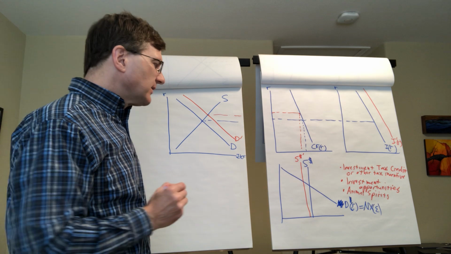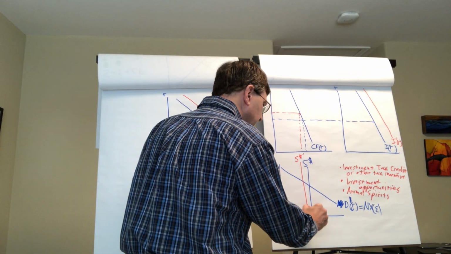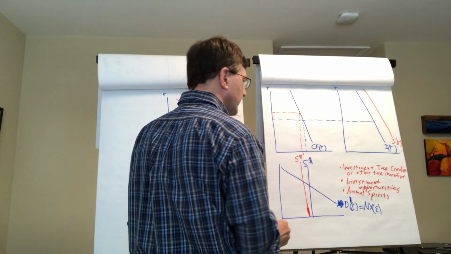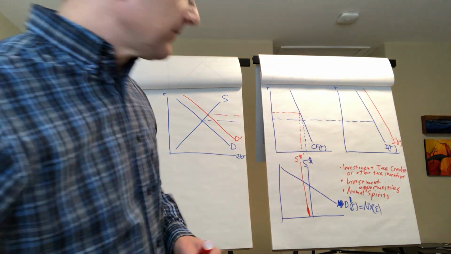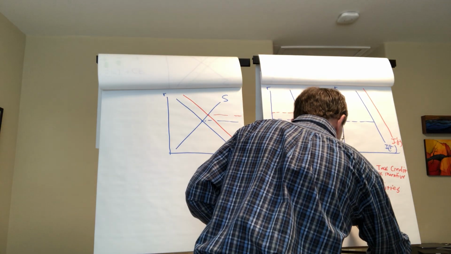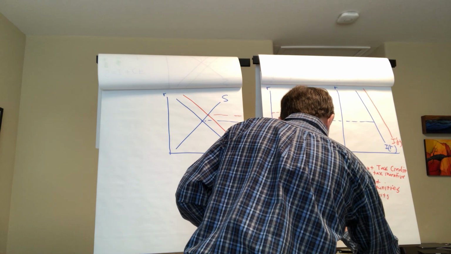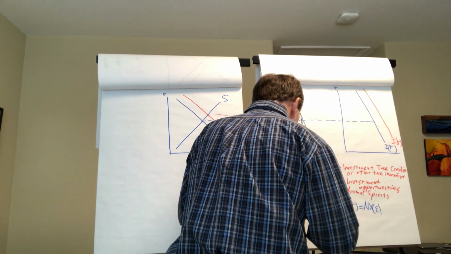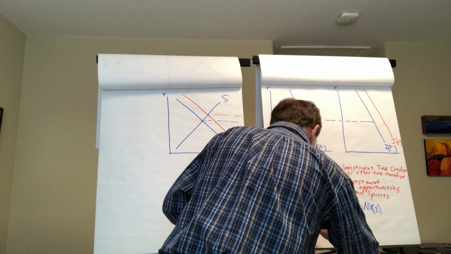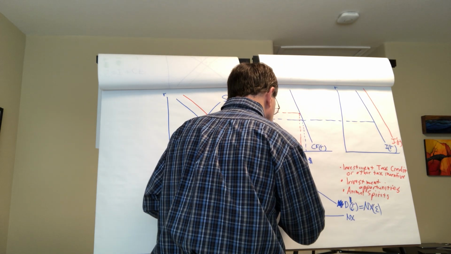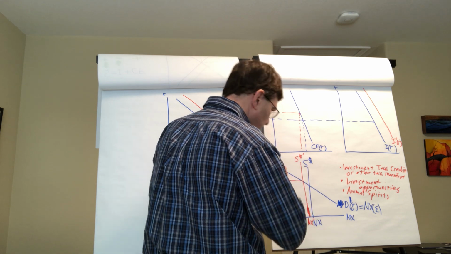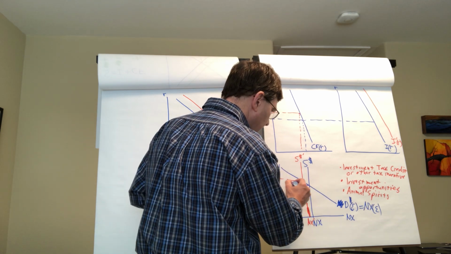Fewer funds to be loans for folks buying US goods, so net exports goes down. The original quantity of net exports, new quantity of net exports, and I've got my new higher level of the real exchange rate. I'll draw in the original level here.